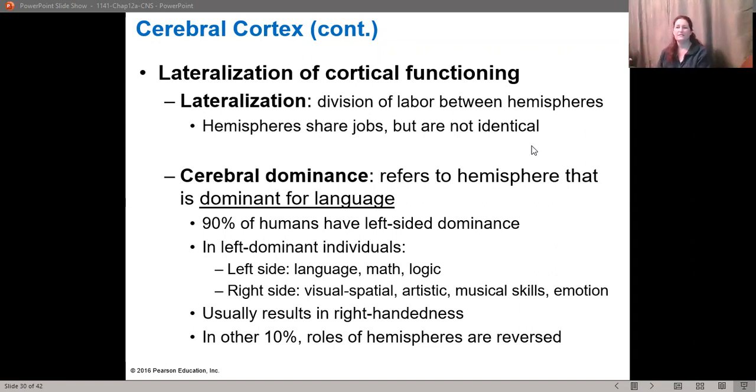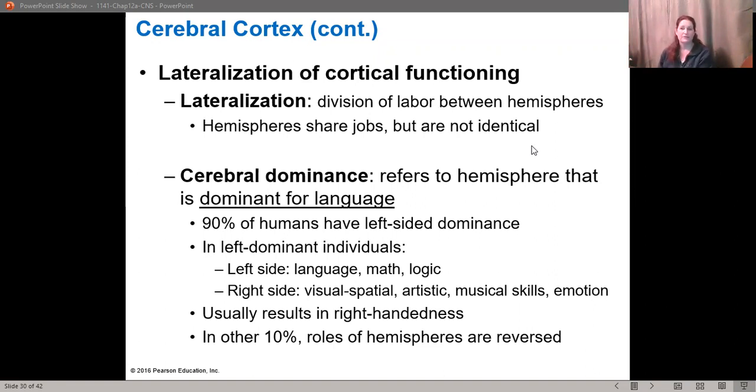They have similar jobs, but they're not identical. You can't lose one and have the same function. So you can't lose the primary auditory cortex on the right side and have the same hearing, and they're not redundant. So they're similar, but they're not redundant.